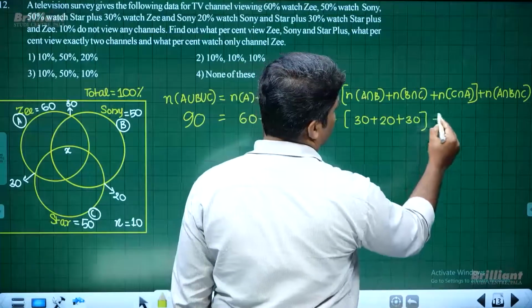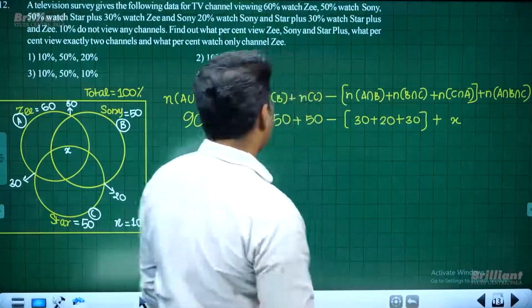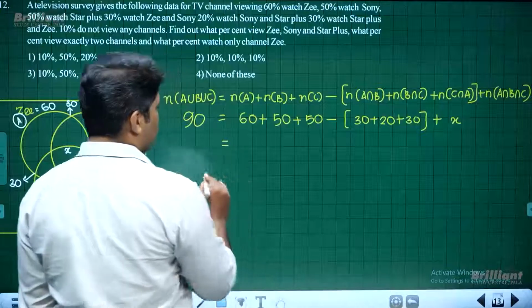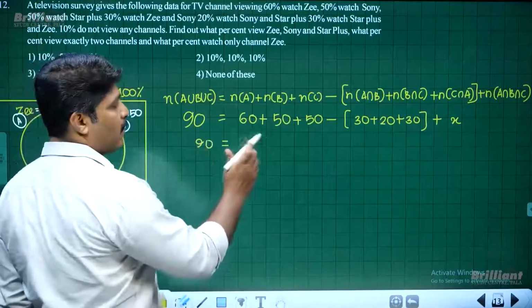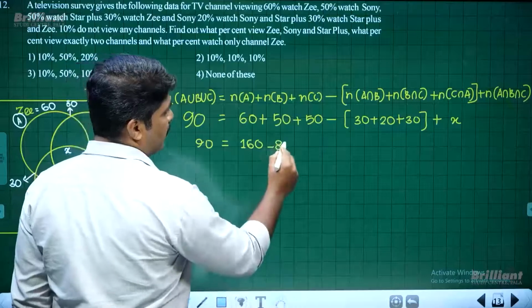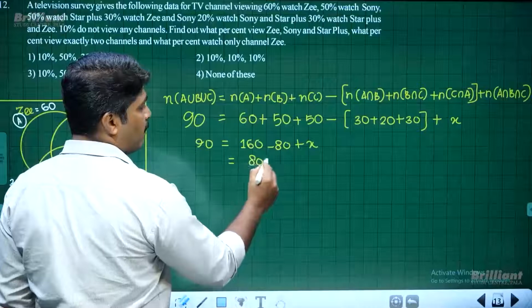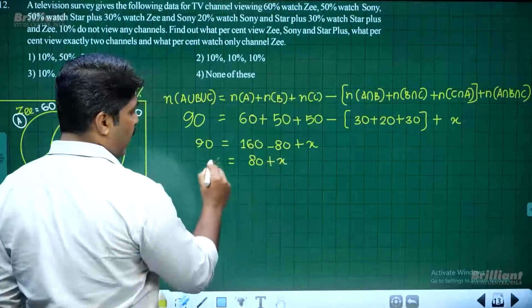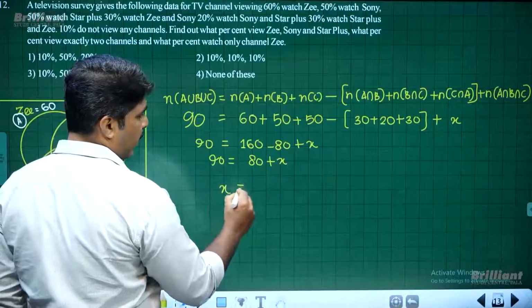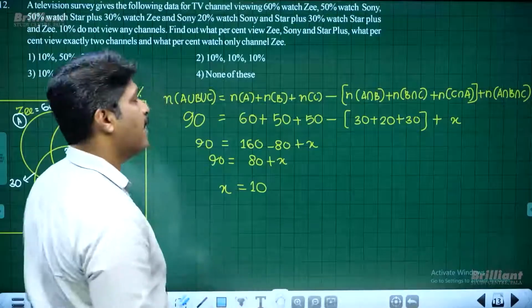And the final combined, that means all the channels together, that is X. From this step, we can easily catch this 90. So this is equal to 160 minus 80 plus X, or this is equal to 80 plus X. Therefore, X equal to 10. So that's the important understanding here.